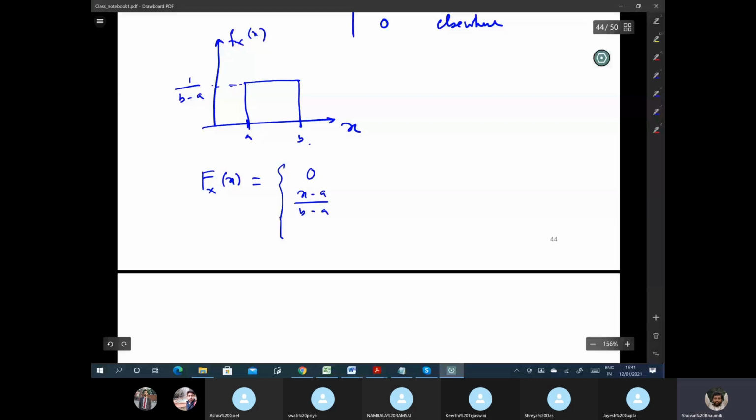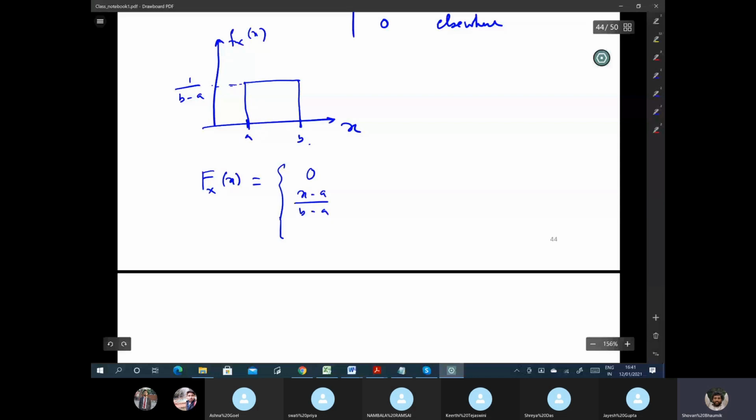Capital X, sorry, small x we plotted. So it will be F_X of small x. It will start from a, reach unity at b, and after that it will keep on being unity. So this is the PDF of the uniform distribution, and this is the CDF of the uniform distribution.